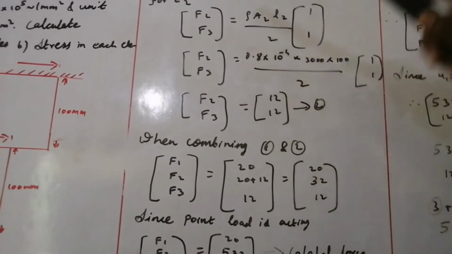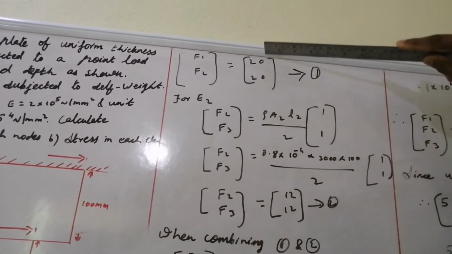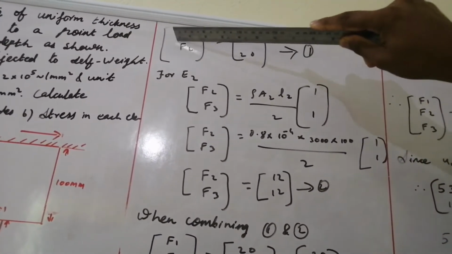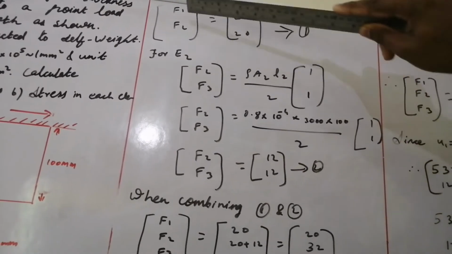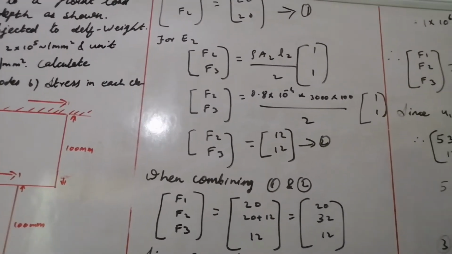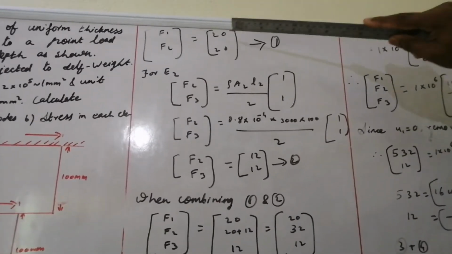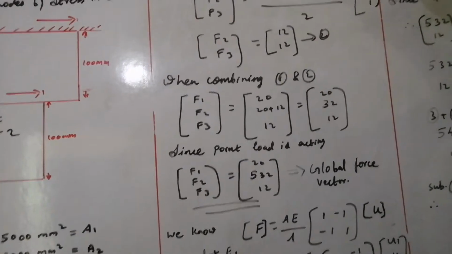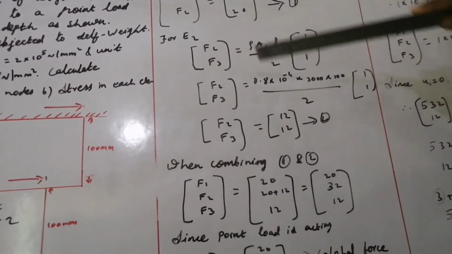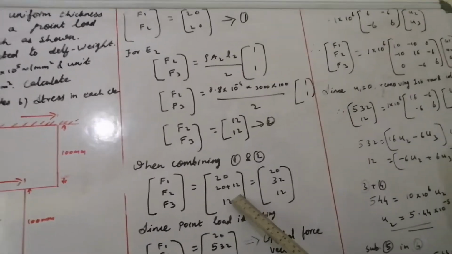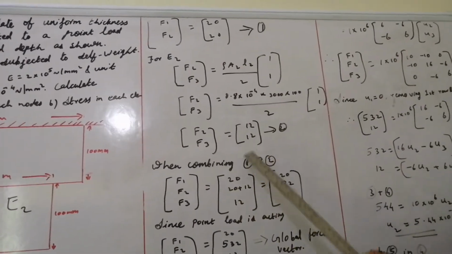Now we combine F1, F2 as 20, 20 and F2, F3 as 12, 12. We have a common F2 in both these sections. So while combining, there's one F1, which we write as 20, and we have two F2 terms, 20 and 12, so 20 plus 12, and here one F3 only, 12.